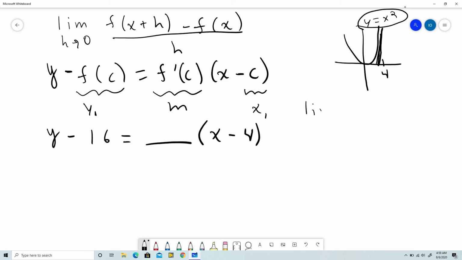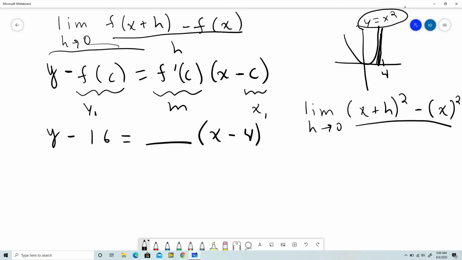Okay, so we're going to write the limit as h goes to 0. Our y2 is x plus h. Our y1 is just x. I'm following this right here.